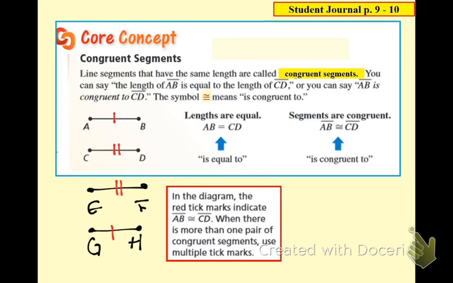What do you think AB would be congruent to? GH, because their tick marks match up. CD would be congruent to EF, because CD has 2 tick marks and EF has 2 tick marks. So you'll see that kind of a lot when we start learning and building on this. And we do that with angles too. All right? Questions about congruent?